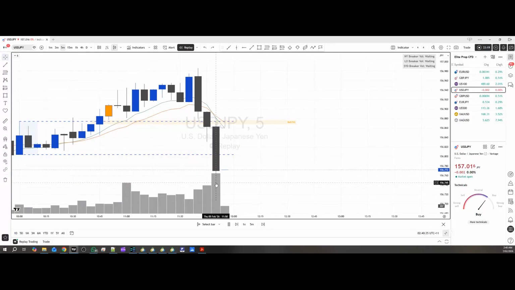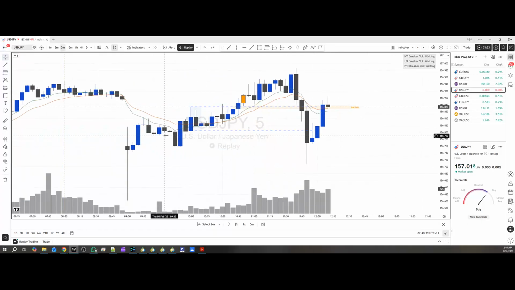Look, the price actually broke. So whenever the price breaks, there's one thing you have to do. There's a must, no other option. If the fair value gap is broken, you have to wait until it reaches the other end.